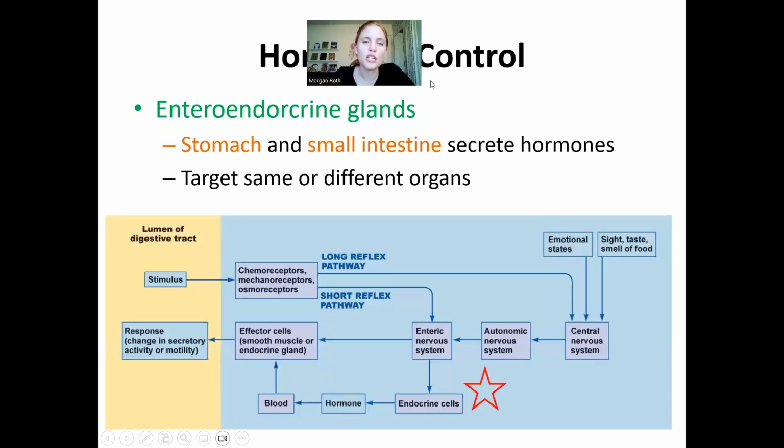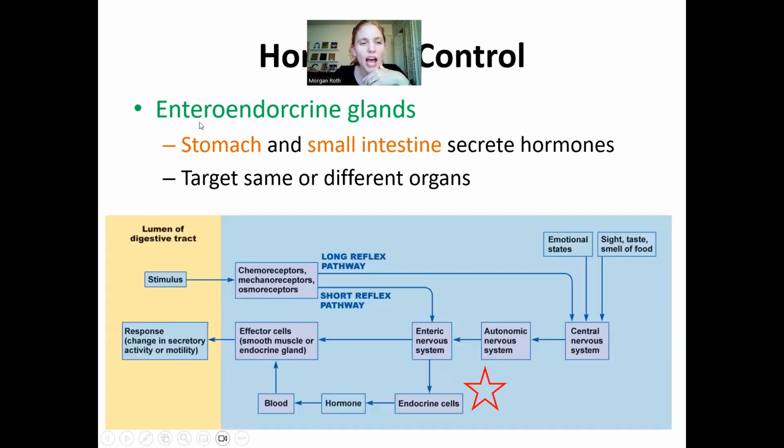Okay, so we're also going to talk a little bit about hormonal control of the digestive system, and these are not going to use the endocrine glands that you've probably seen in anatomy, but what are called enteroendocrine glands. These are organs that are part of the digestive system itself, secreting hormones into the bloodstream that then come back and affect that organ, or sometimes another organ in the digestive system.